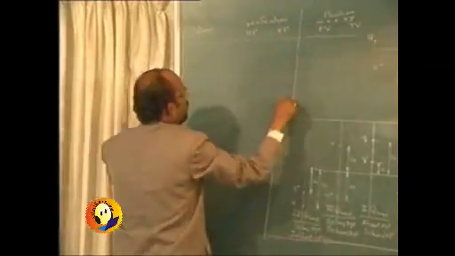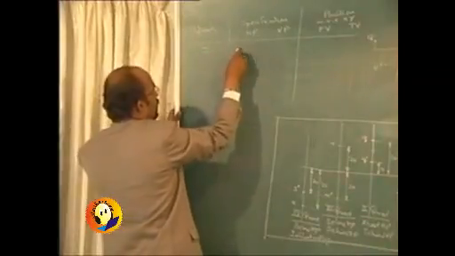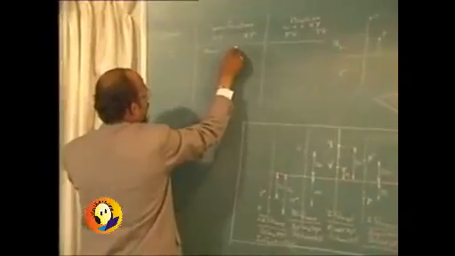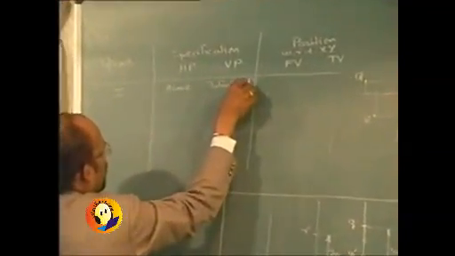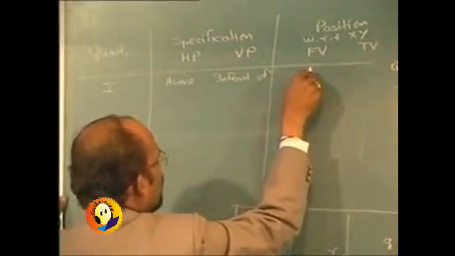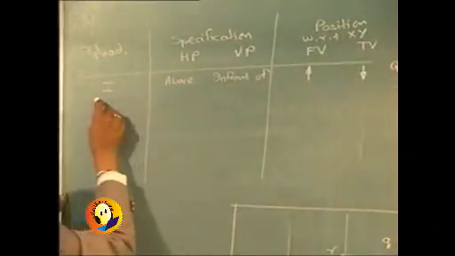Such a table will be of very much use. Quadrant 1, specification is above HP and in front of VP. Front view will go above XY line and top view will go below XY line.